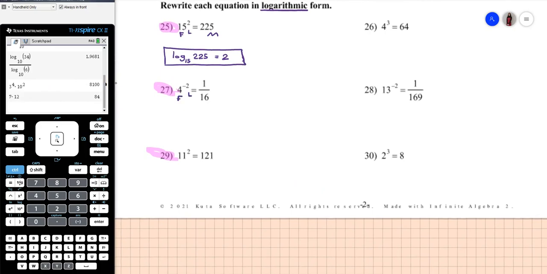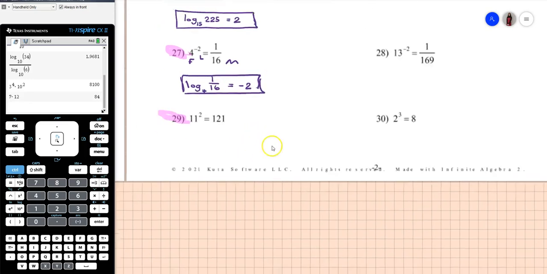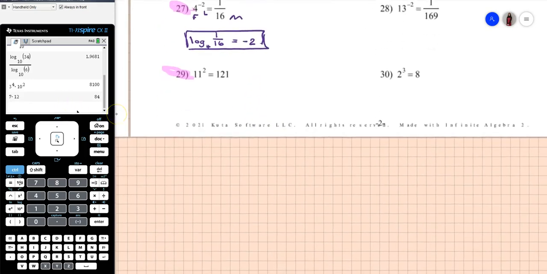First, last, middle. Log base 4 of 1 over 16 equals negative 2. And this one. First, last, and middle. Log base 11 of 121 equals 2.